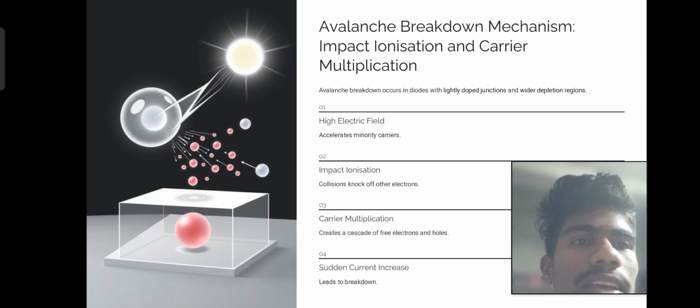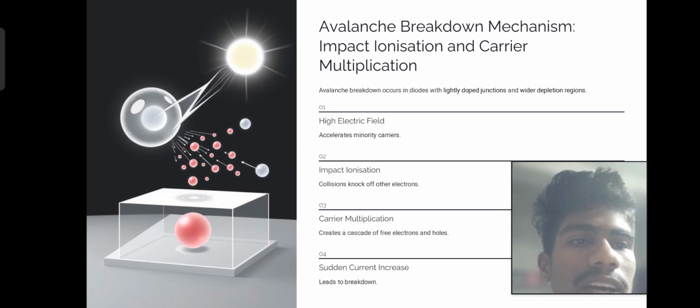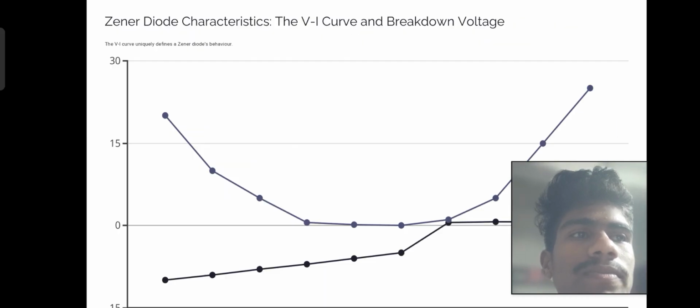High electric fields accelerate minority carriers, and the impact ionization collisions knock off electrons. The carrier multiplication creates a cascade of free electrons and holes, and the sudden current increase leads to breakdown.